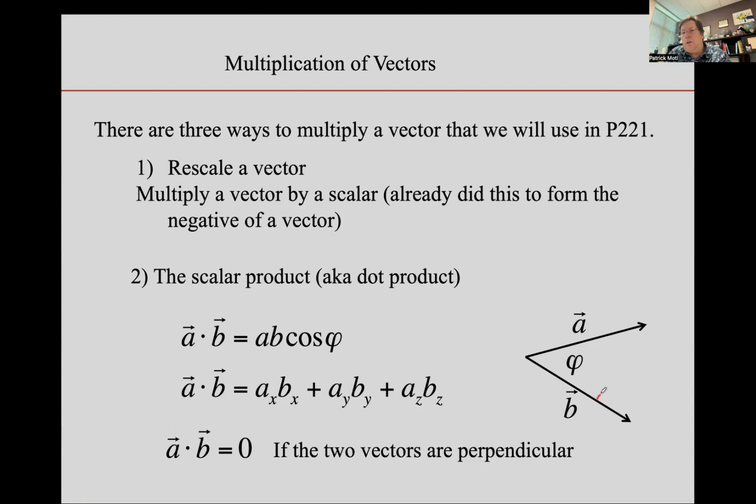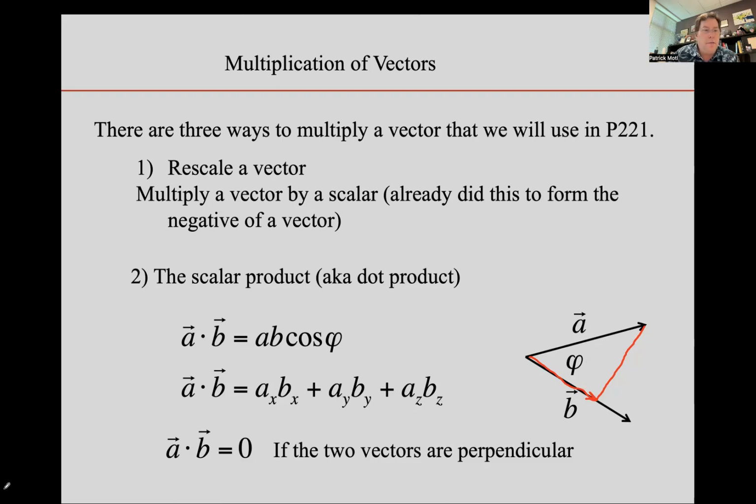Let me sketch in here a perpendicular. So this is dropping a perpendicular from the vector A to B. So how much of A points along B? Well, it's going to be this much, right? And so the scalar product is going to give me an answer back, which is the length of this vector.